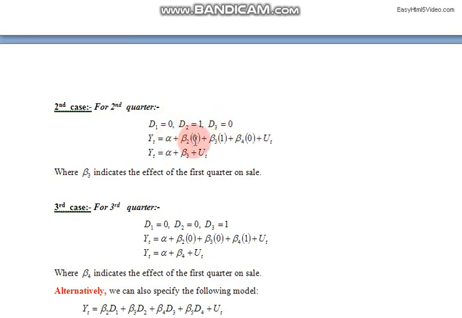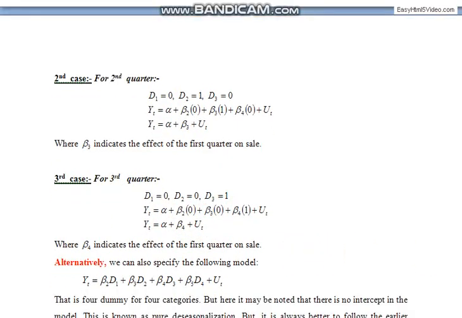So put the values D1 0, D2 1 and D3 0, and you will have this model. Similarly for the third case, in the case of the third quarter, D1 and D2 will be equal to 0 and D3, since it represents the third quarter, has value 1. So your model for the third quarter will be this.